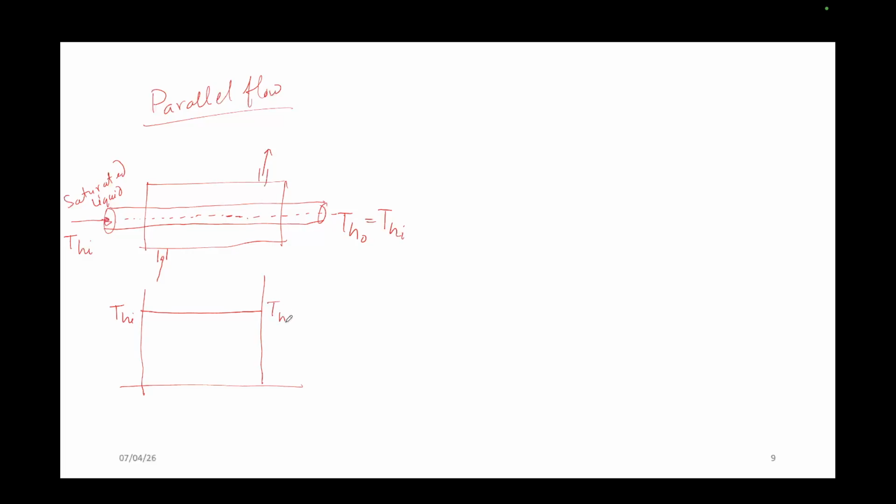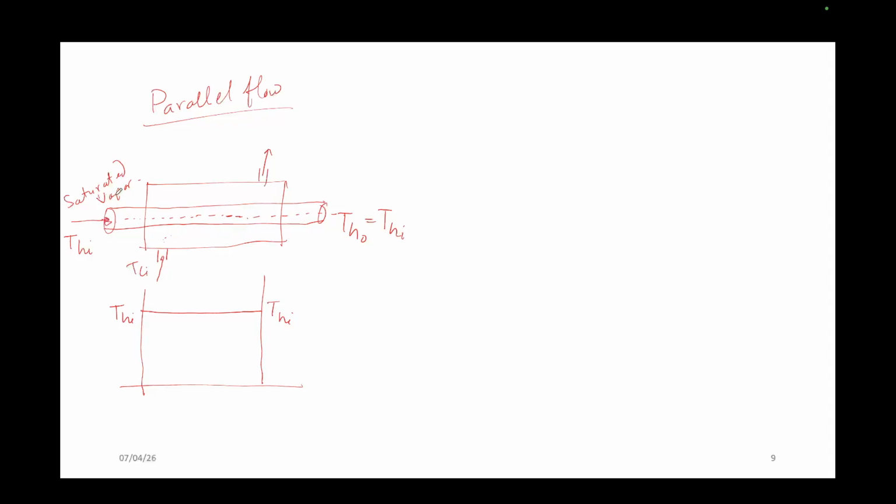If this is saturated vapor, not liquid, for your understanding I just convert it into vapor. So initially this is saturated vapor. As it moves through this pipe, what will happen? This is the cold fluid.